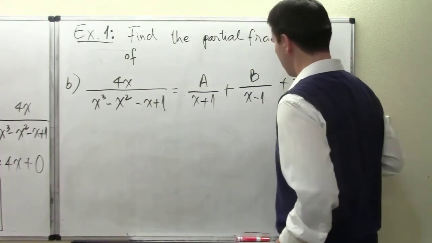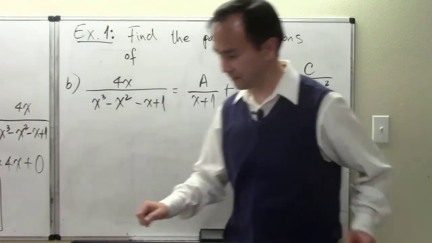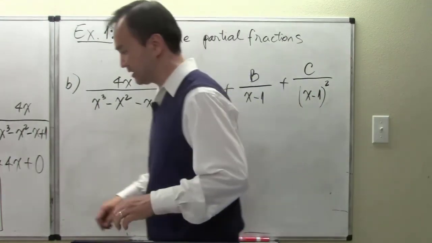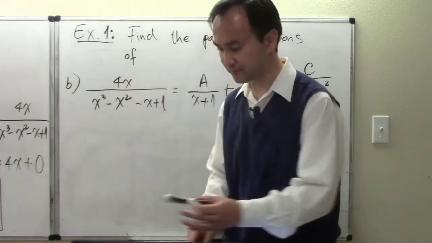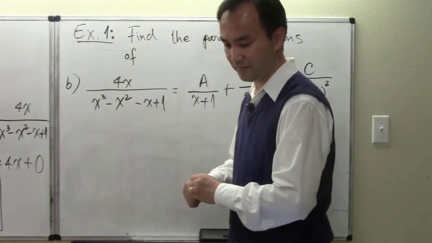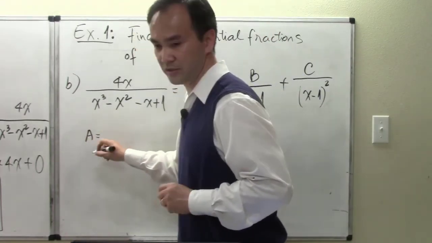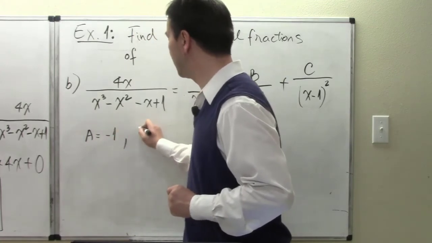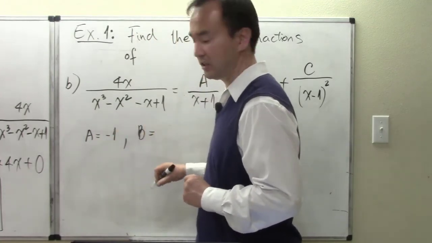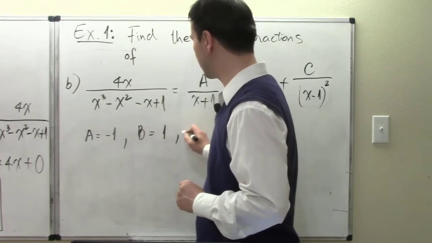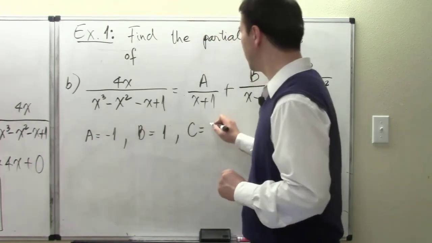After solving the system, I have found that the A value equals -1, the B value equals +1, and the C value equals 2.